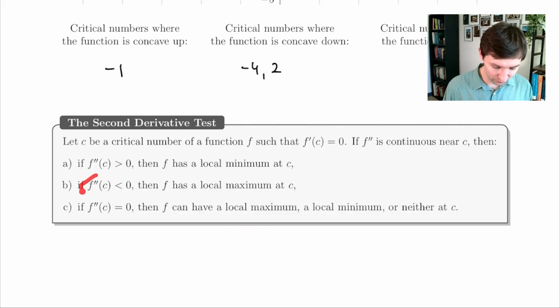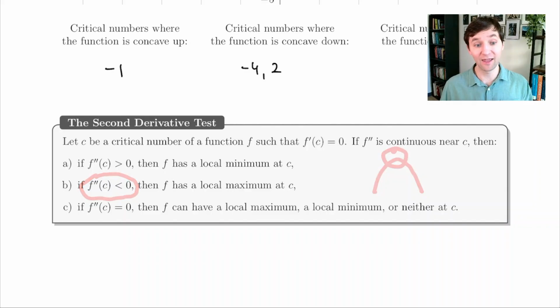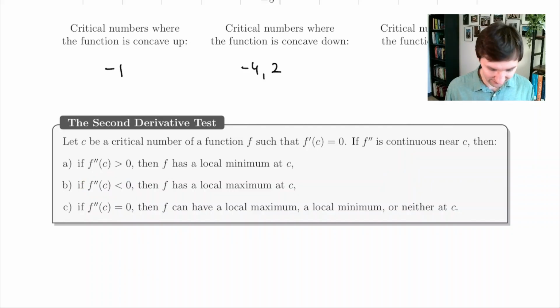If the second derivative at that point is negative, that implies that the function is concave down near that point, telling you that you get a local maximum. And if the second derivative is 0, then f can have a local maximum, can have a local minimum, or neither. Let's see how we can use the second derivative test first, and then I will show you where the third condition comes from.